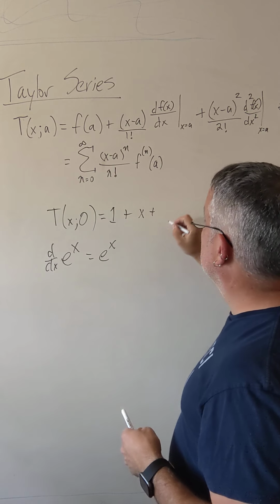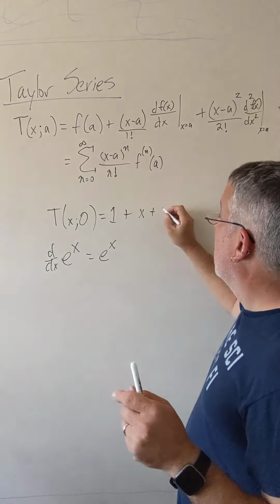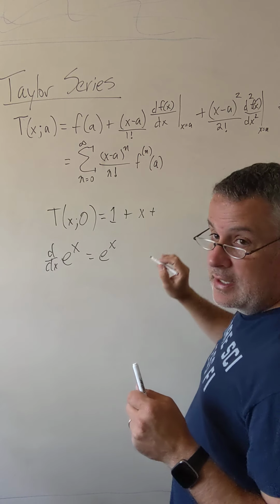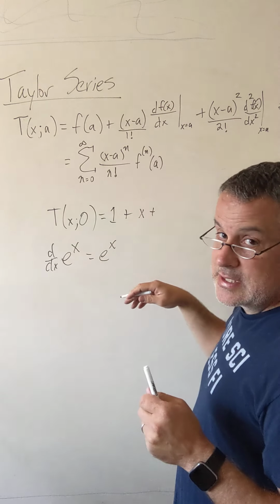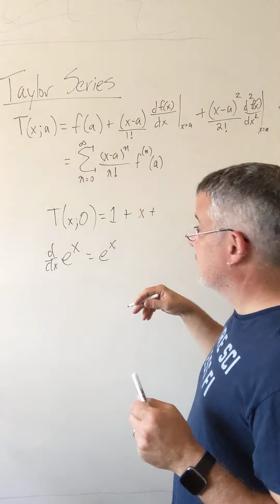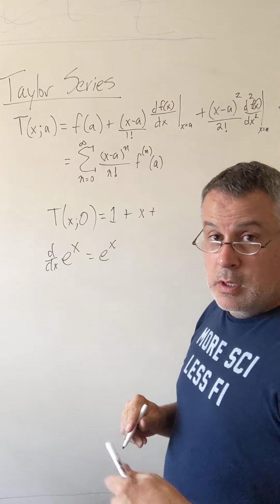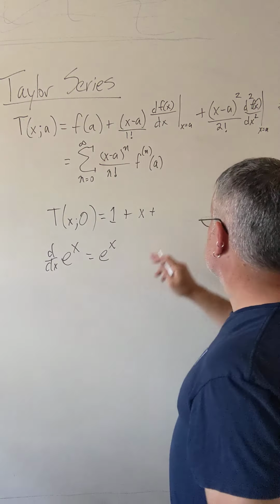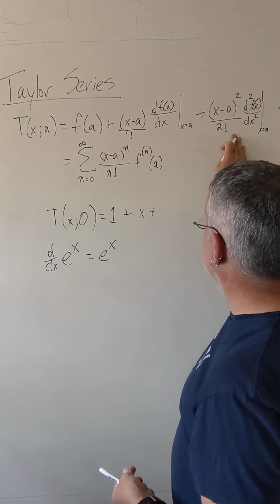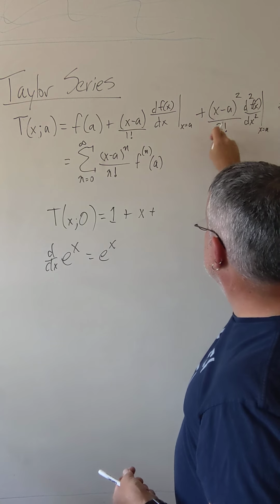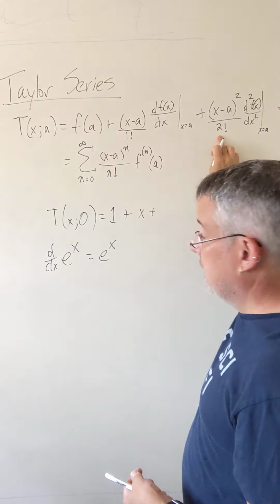Okay, what about the next term? The next term is the second derivative of e to the x. So e to the x, the first derivative is e to the x. Second derivative is all still e to the x. Evaluated at x equals 0. That's still e to the 0. So that's 1. So we don't have any derivative part to take track of here, but we do have this x minus a squared over 2 factorial part to keep track of.